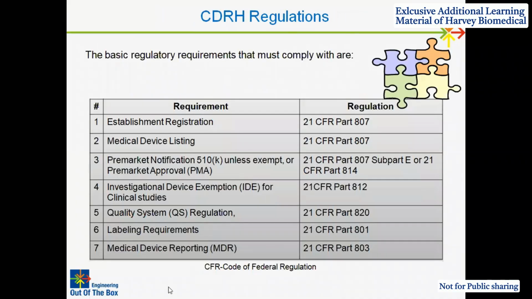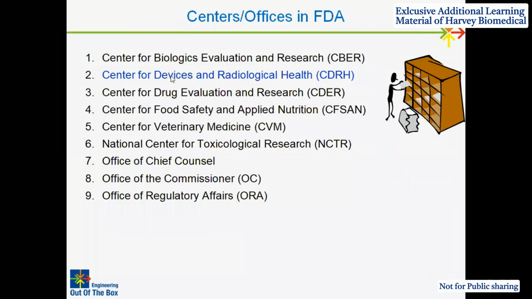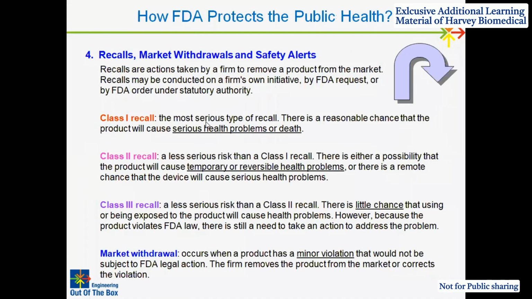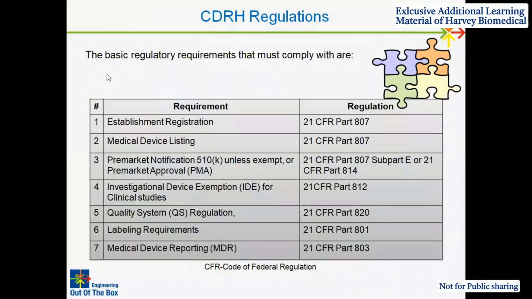Yes, CDRH, as I told, is the Center for Devices and Radiological Health. As per the CDRH regulations, there are basic regulatory requirements one must comply with. Whenever we are going to register a product with the US FDA, all these requirements are needed.